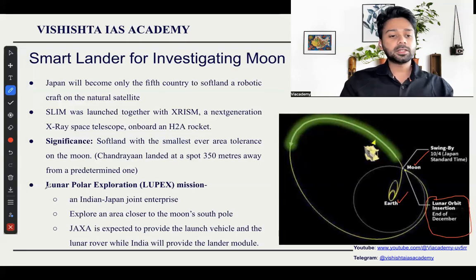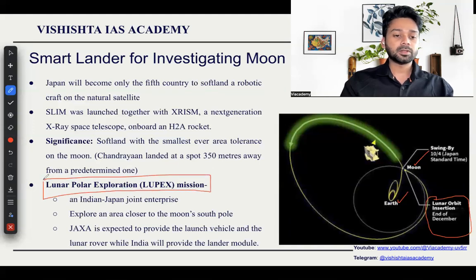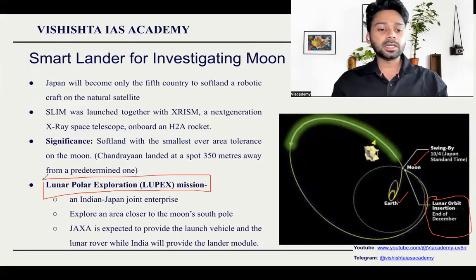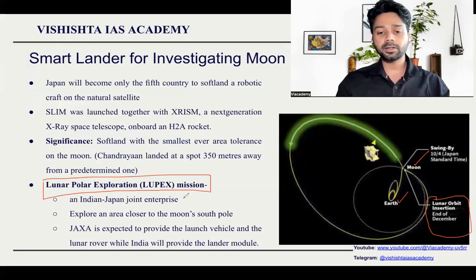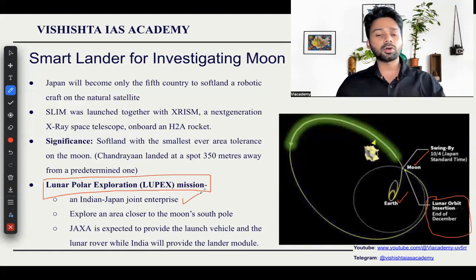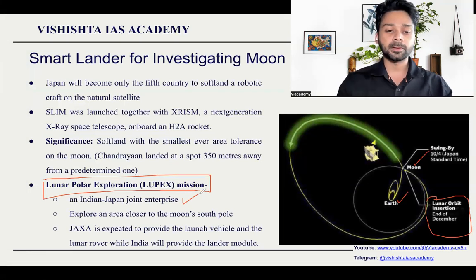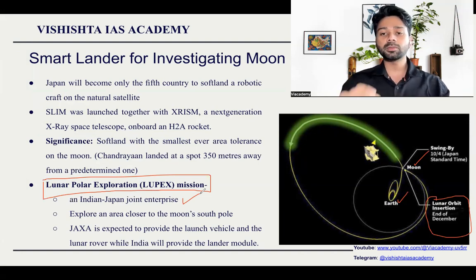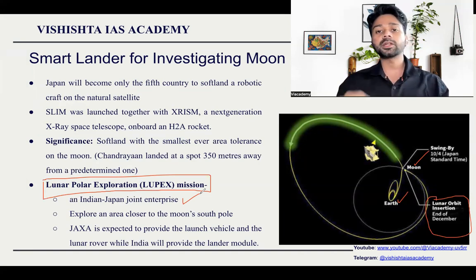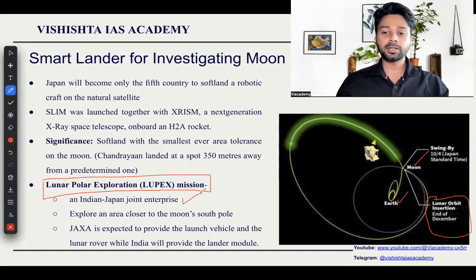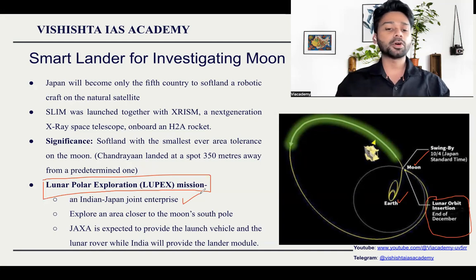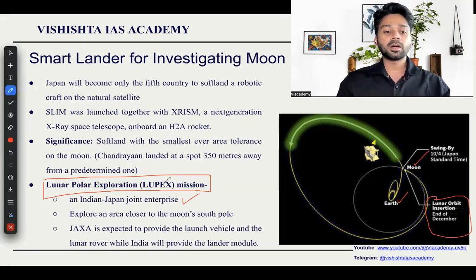So what exactly is the Lunar Polar Exploration Mission? The LUPEX mission is an envisaged India-Japan joint enterprise. It is also called the Chandrayaan 4 mission. It is a mission to explore an area closest to the Moon's south pole. The Chandrayaan 3 mission has already reached the south pole of the Moon, but it has not reached the closest point of the south pole.